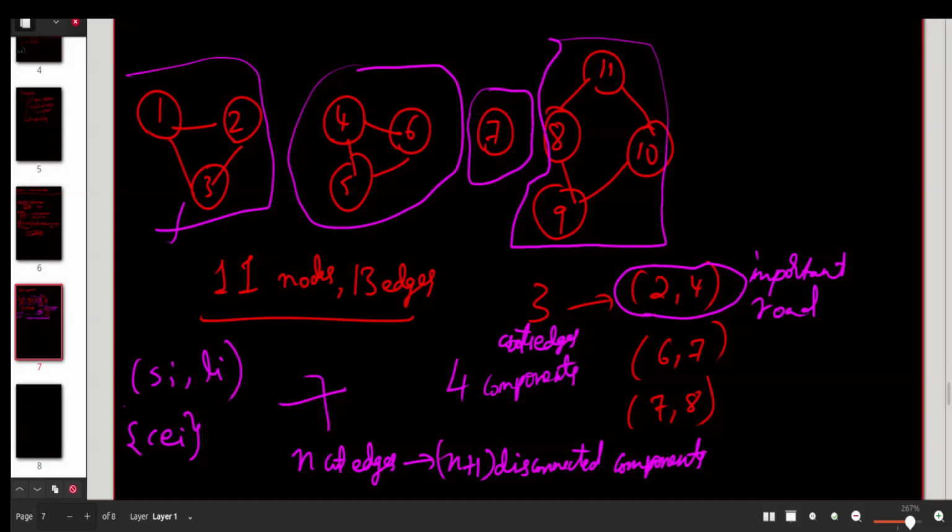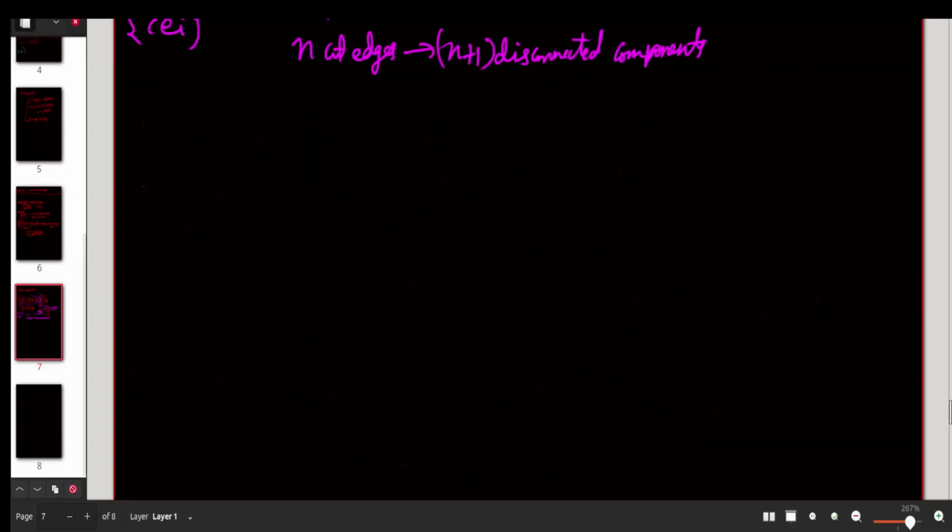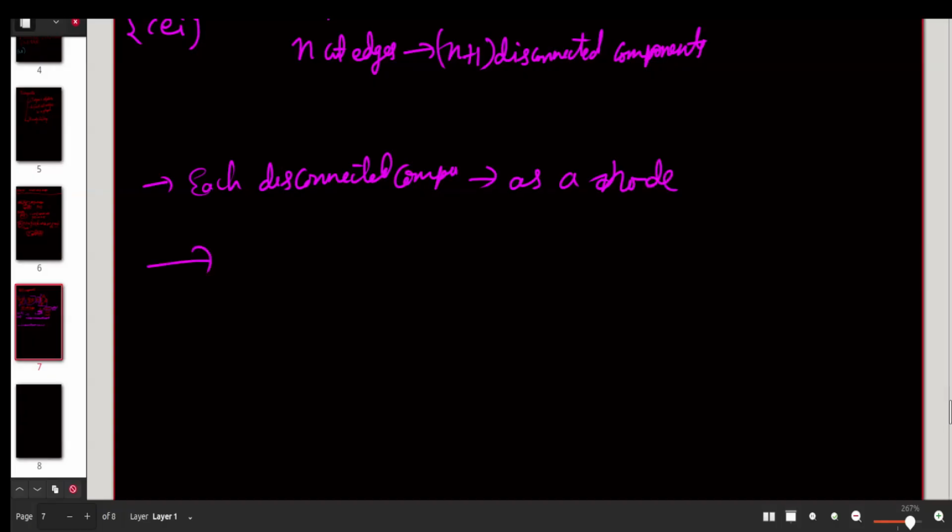The first cut edge will split the graph into two components. The second cut edge will add one more component to it. So in total it will be n plus 1 disconnected components. So it's like if you model each disconnected component as a node of another graph, and each cut edge is an edge in the new graph.